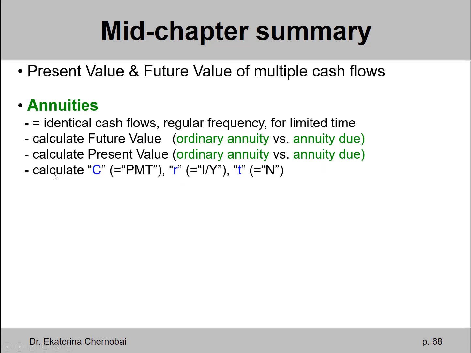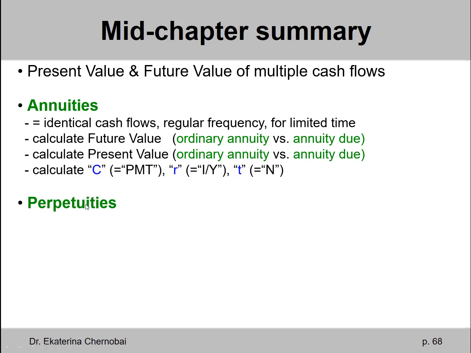Then we had several examples on computing annuity cash flow, which is PMT in the financial calculator, annuity interest rate, which is IY in the financial calculator, or instead the number of annuity payments, which is N in the financial calculator. A special case of annuities is a perpetuity.